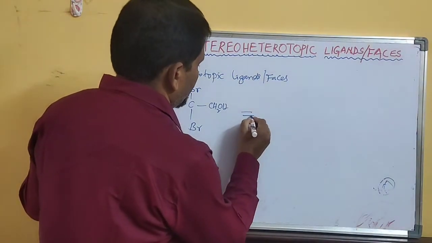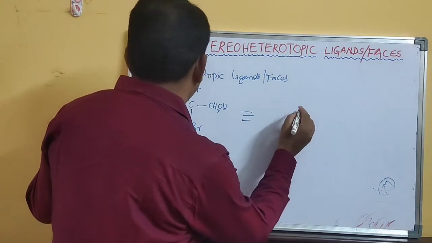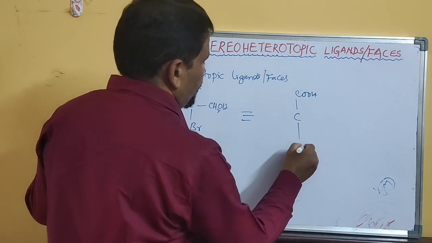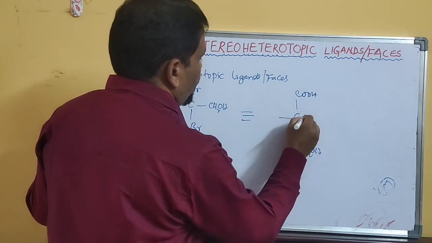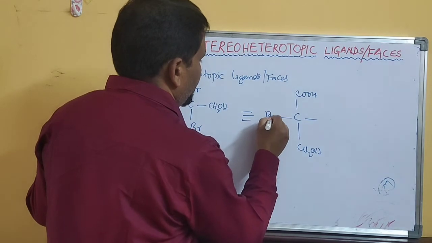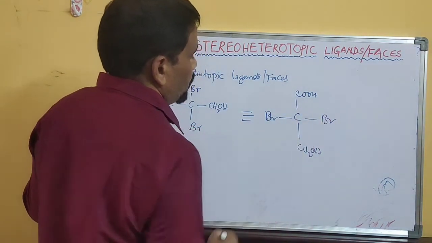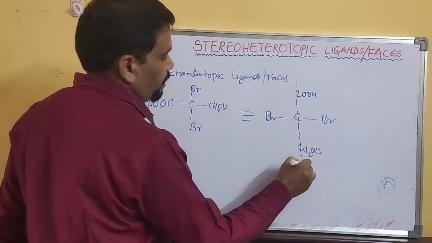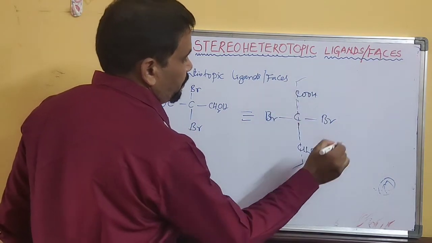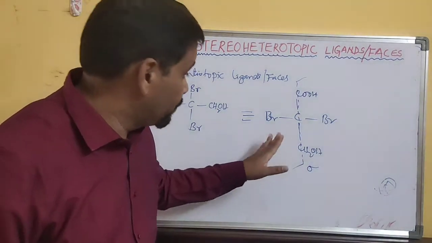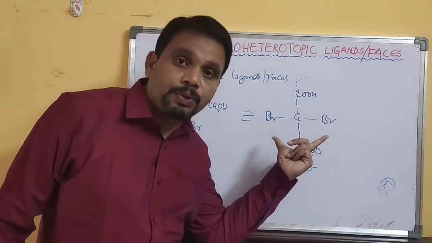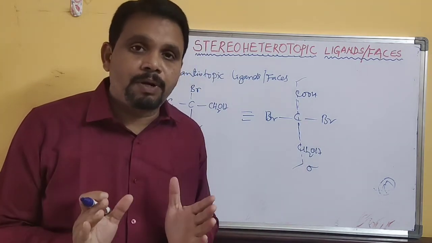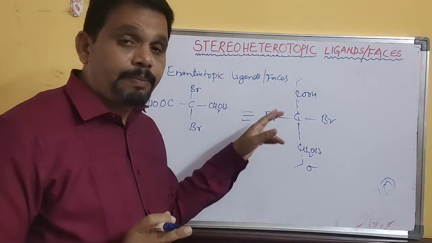Suppose you can write this one as COOH and CH2OH and bromine and another bromine. So you have a plane of symmetry in this plane. With this plane of symmetry, this molecule can be divided into two equal parts. Therefore it has a plane of symmetry.